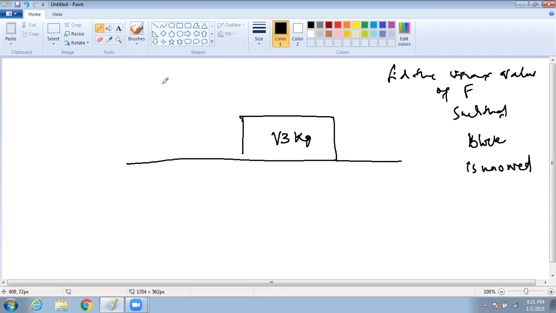Means I am applying a force like this, with an angle of 60 degrees with respect to the ground. Okay. The mu is 1 by 2√3.